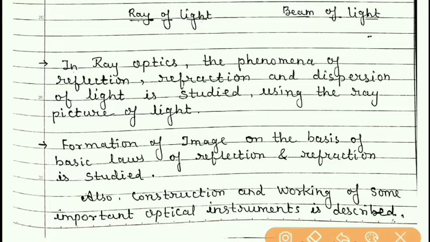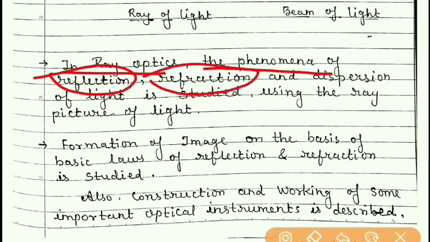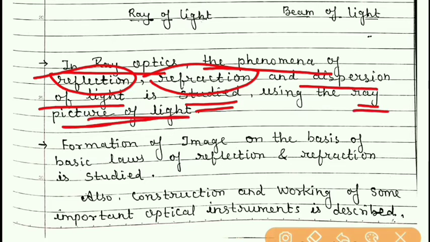Now students, in ray optics, the phenomena of reflection, refraction and dispersion of light are studied. So we are going to study these in this chapter, and here we are going to use the ray picture of light.